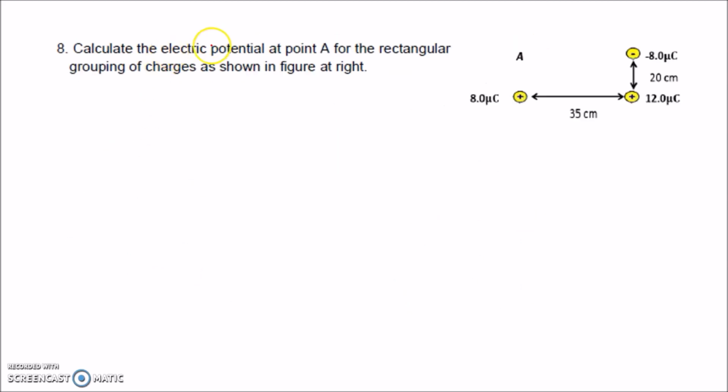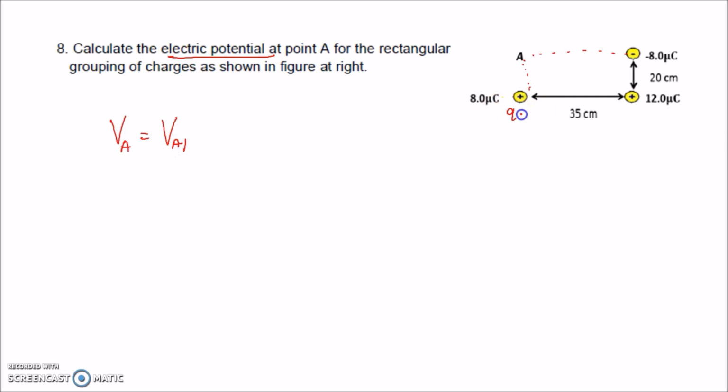For question 8, calculate the electric potential at point A for the rectangular grouping of charges as shown in the figure at right. It actually looks like a rectangular shape here. So there are 3 point charges, and what is the resultant electric potential at point A? We want to find V at point A. So V at point A is equal to the electric potential at point A due to charge Q1.